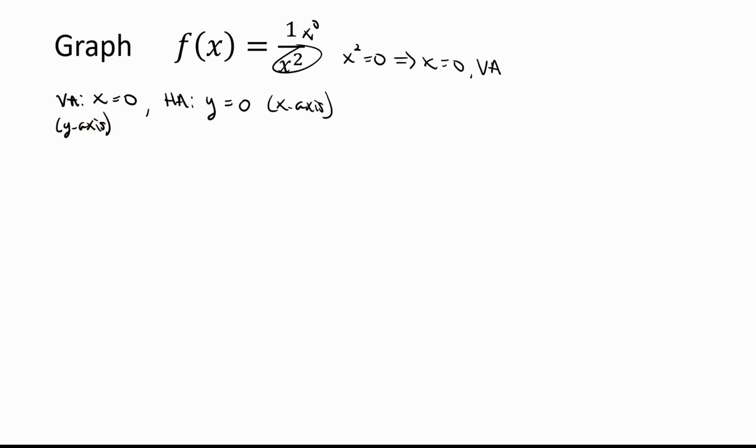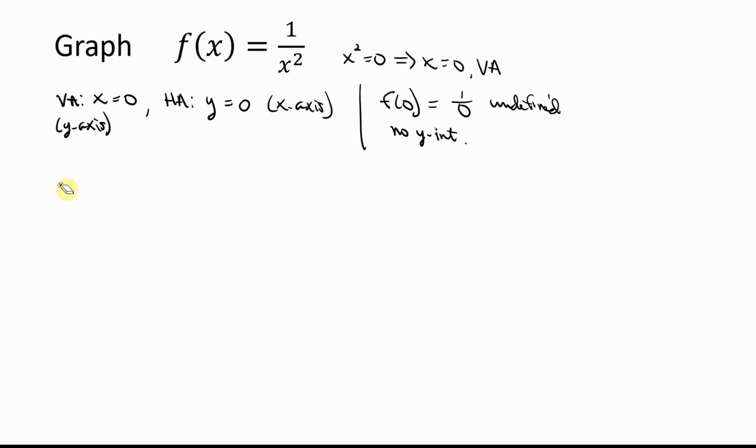So we got that. Now, do we have an x-intercept, y-intercept? No. Now, I'm not making it up. What's f of 0? Remember, that's how you find the y-intercept. That's 1 over 0. That's undefined. So here, there's no y-intercept.